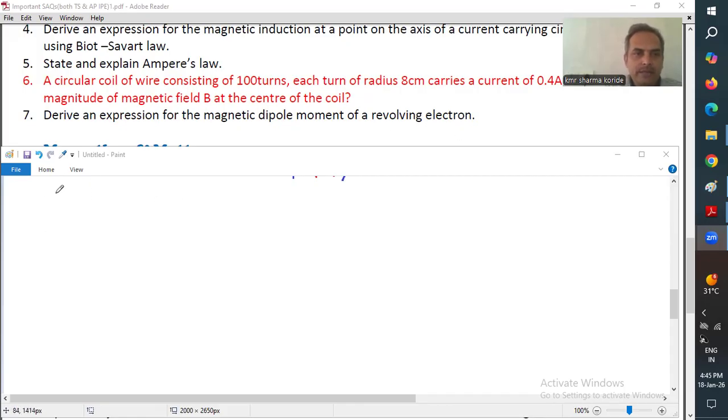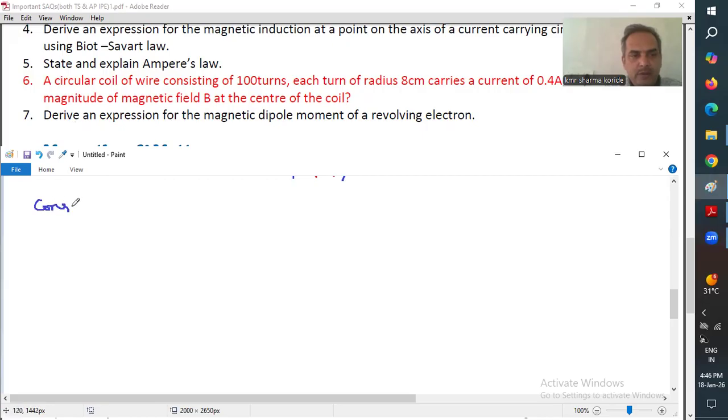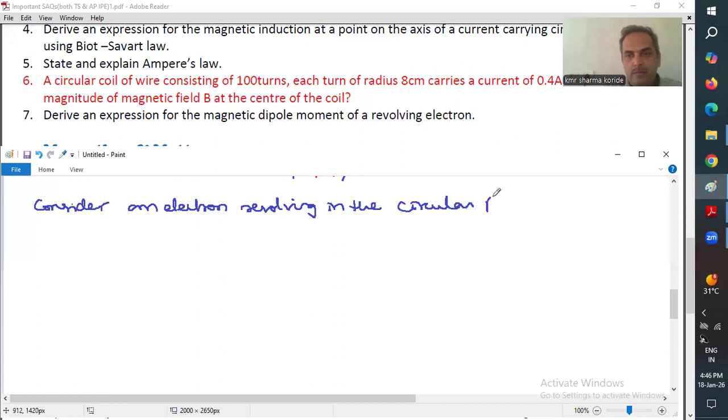Dipole moment is generally expressed with capital M. Now consider an electron revolving in a circular path of radius r with frequency f.